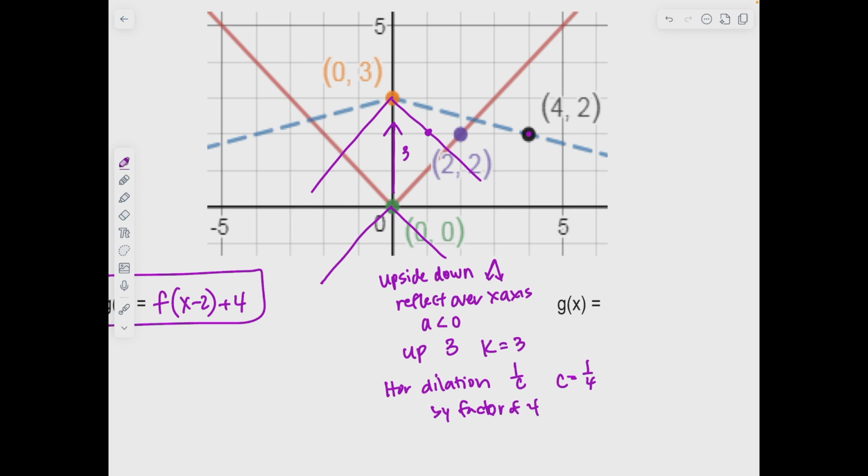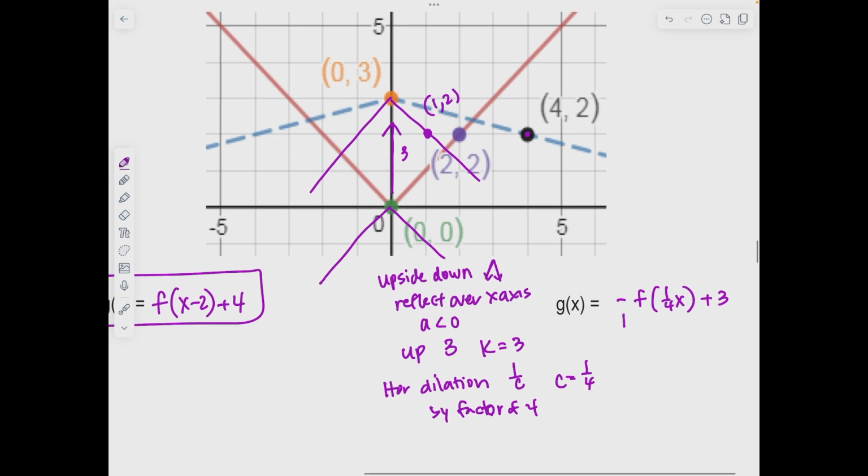Once I have the ordered pair 1, 2, and I multiply the x by 4, 1 times 4 will take me to 4, 2. So what that means now is this: I have negative f of 1/4 x, and then plus 3.